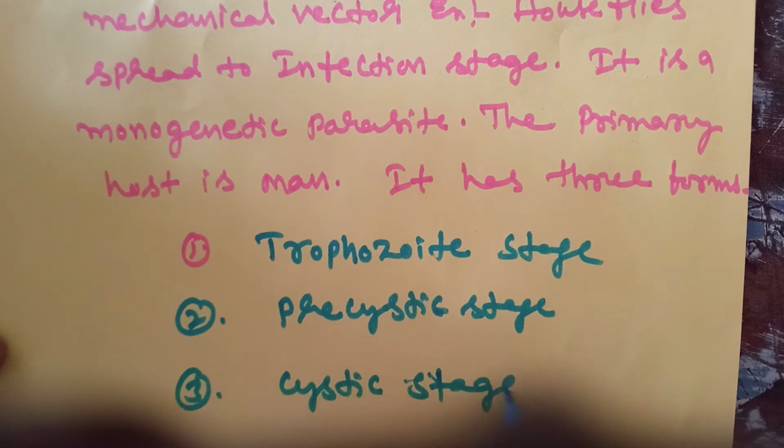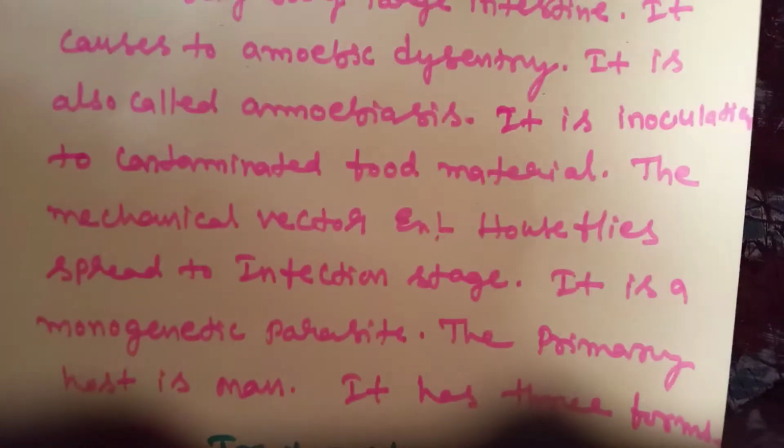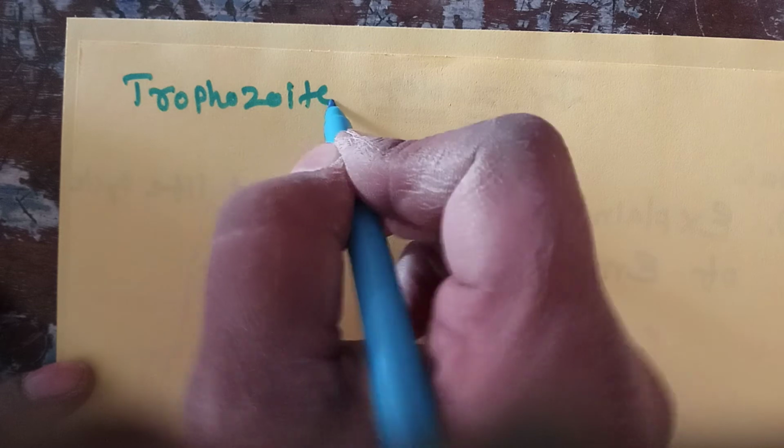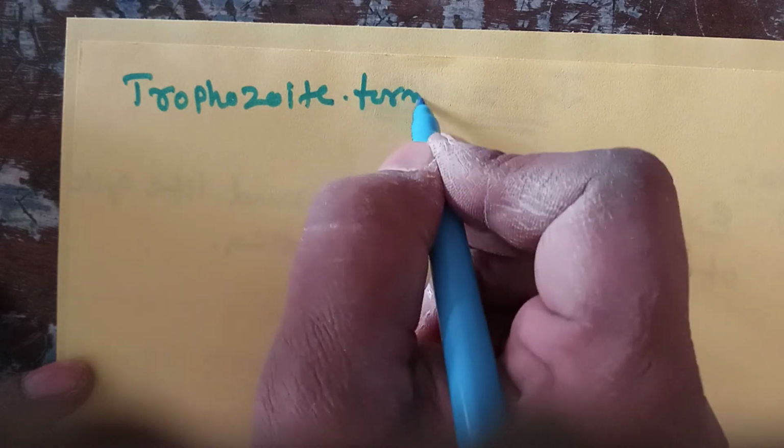Now I will explain them one by one. The first one is the trophozoite form or stage.